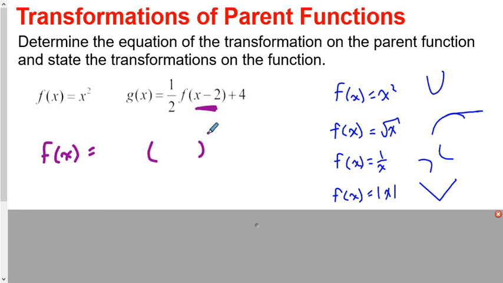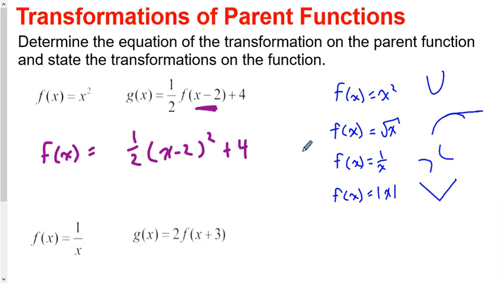I'm going to have a plus 4 on the end, and in front, I'm going to put a 1/2. So this is my parent quadratic function transformed under that transformation.